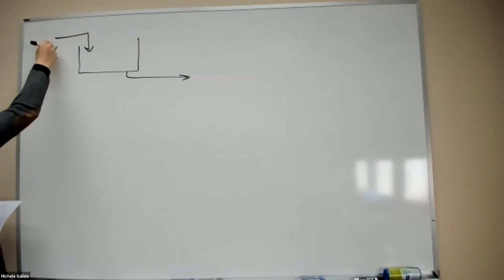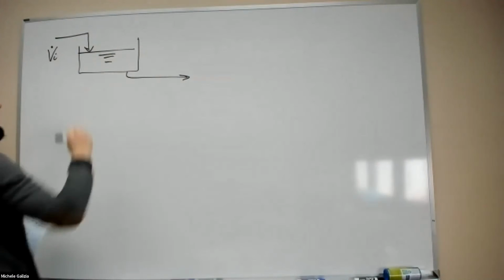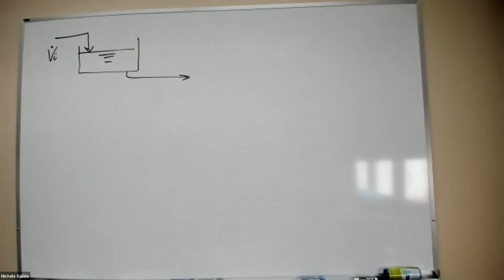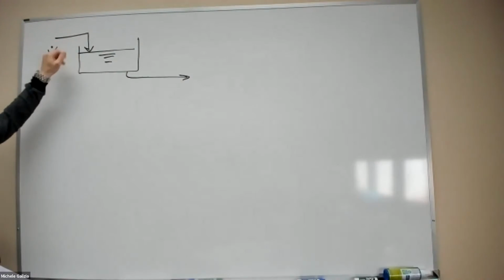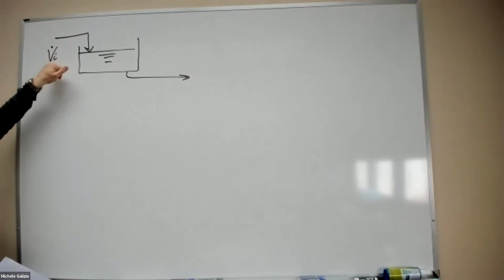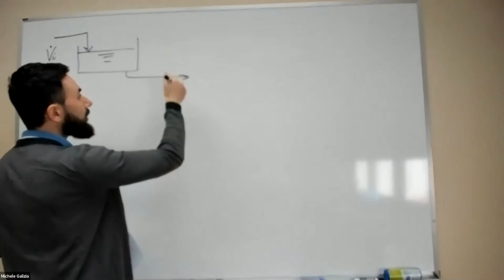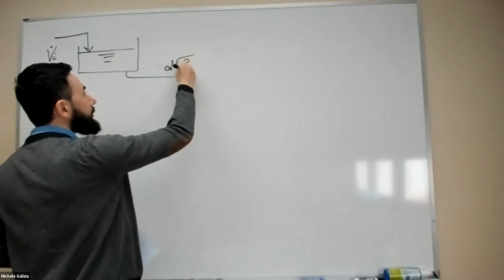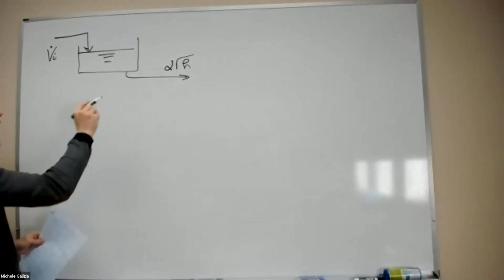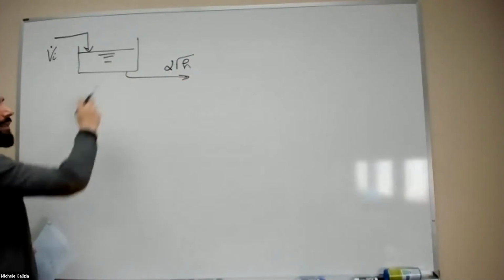We have a perfectly mixed isothermal tank. You feed an incompressible liquid with a volumetric flow rate V_i dot. And basically you withdraw something simply by punching a hole here on the bottom of the tank.